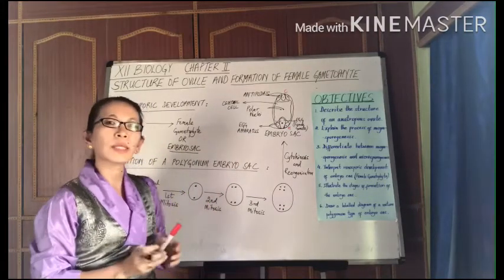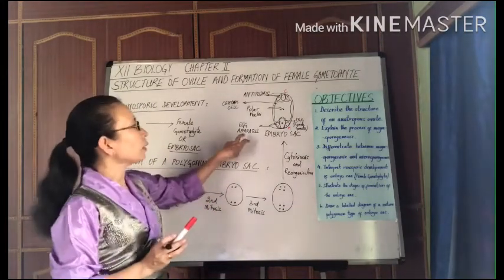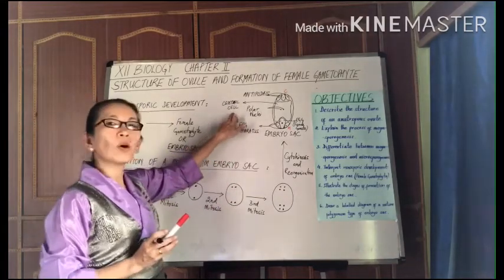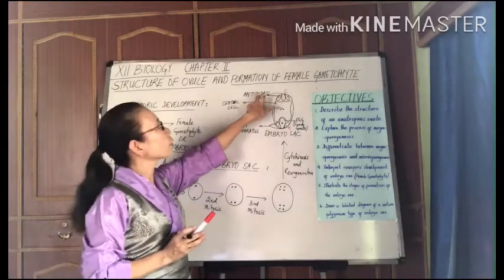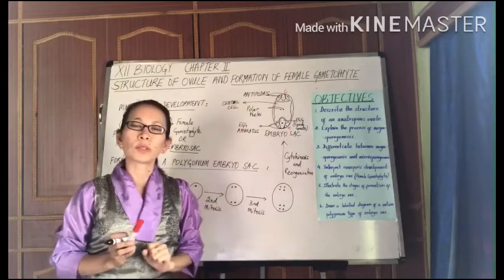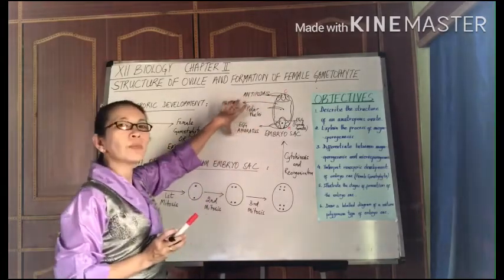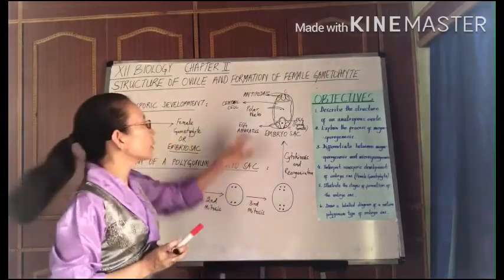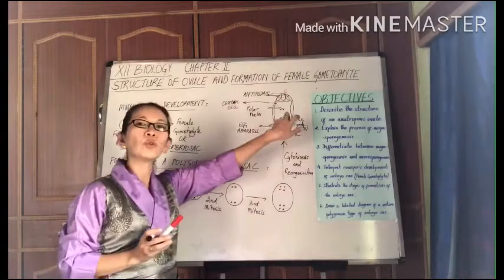Which are the 7 cells? The 7 cells are 3 cells of the egg apparatus, 1 central cell, and 3 antipodals. So collectively we have 7 cells and 8 nuclei, 8 nuclei because the central cell has 2 nuclei.